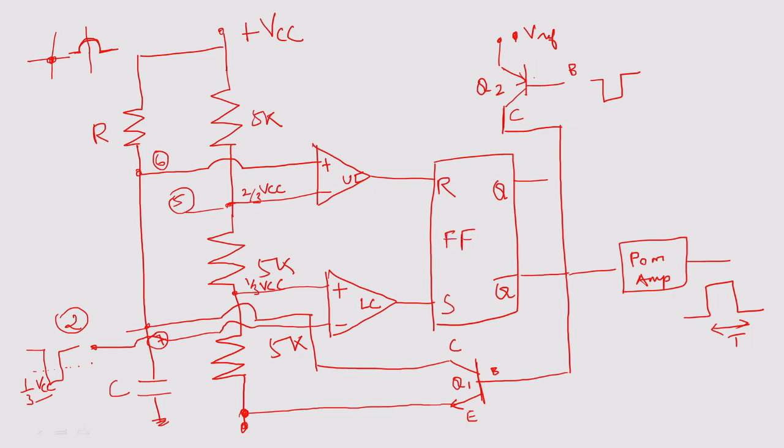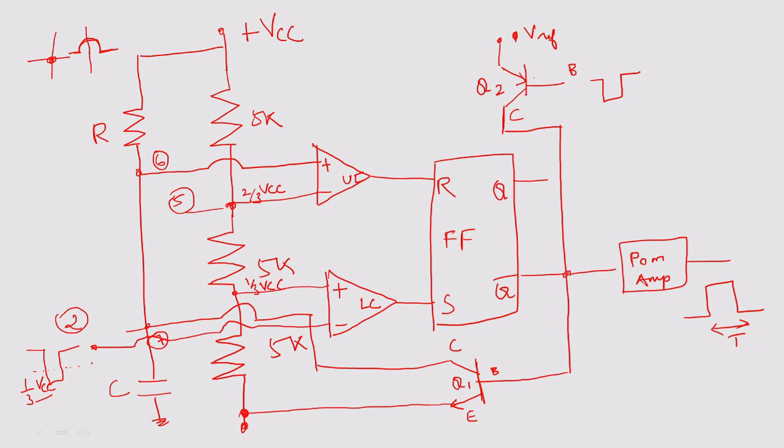I hope you practiced parallelly along with me. So I already explained you the terminal names, right? So the 6th terminal is your threshold, and the 5th terminal is your control voltage, and the second pin is your triggering point, and 7th pin is a discharging point, and this flip-flops are connected. This is a Q state, this is a Q bar state.